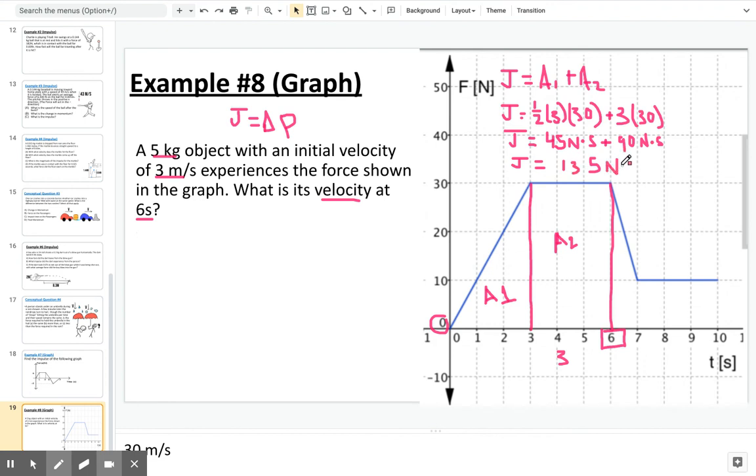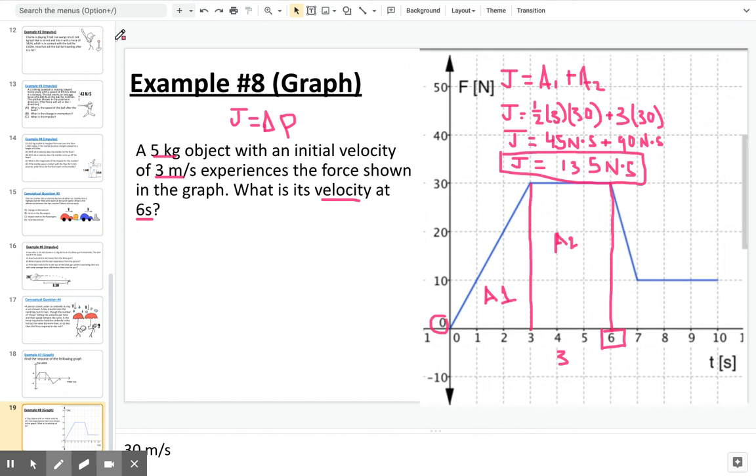For a total of 135 Newton seconds. So that is our impulse. Great. So the impulse experienced by the object from 0 to 6 seconds is 135 Newton seconds.